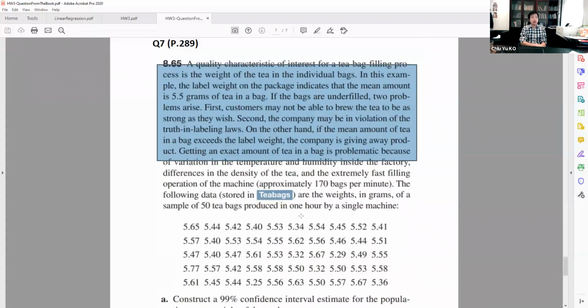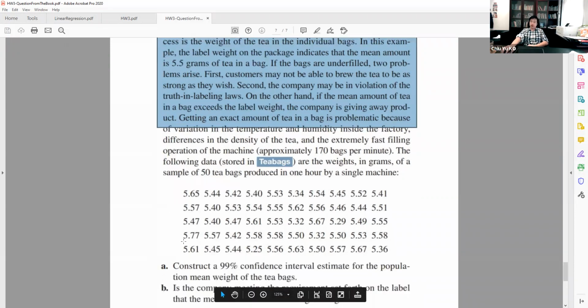As we said, if it doesn't specify, you can use 5%, or you can use 99%, also fine, because you qualify the statement by saying you will reject at 1% or 5%. I hope I answered your question.